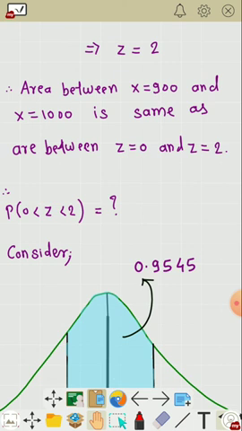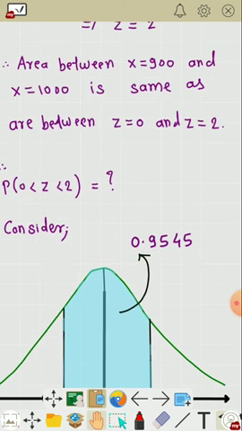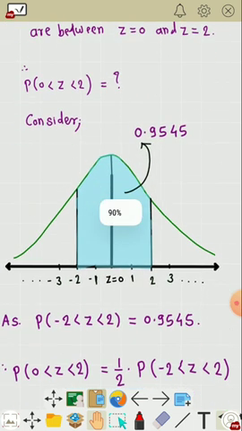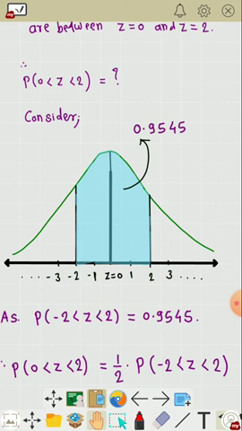And how to find this probability, we see here. Let us consider the standard normal curve.